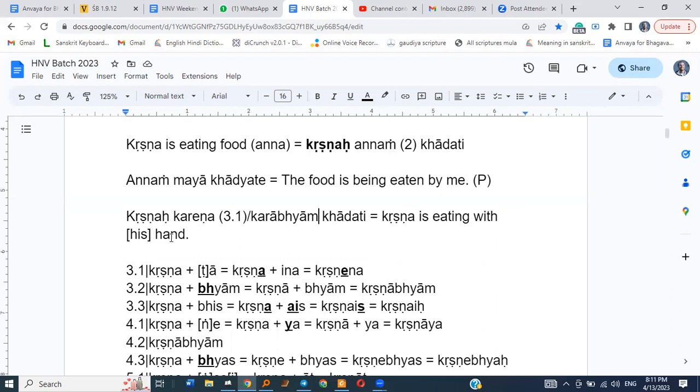And the hand becomes the instrument for eating. So in this way, third case is used. Again, multiple usages are there for each vibhakti, for each case. Here, the basic ones are given for basic understanding. So that's Krishna is eating with his hand.